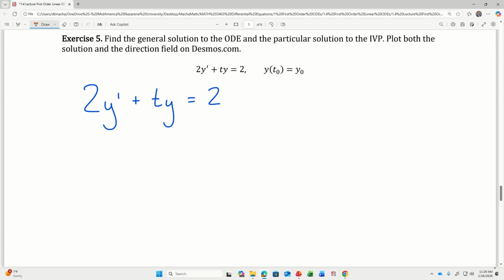If I try to solve this, I don't like memorizing formulas, so I'm just going to jump straight into the integrating factors idea, which is to say 2 mu y prime plus mu ty equals 2 mu. Sorry, that should be a mu. And I need mu such that the derivative of 2 mu is mu times t.